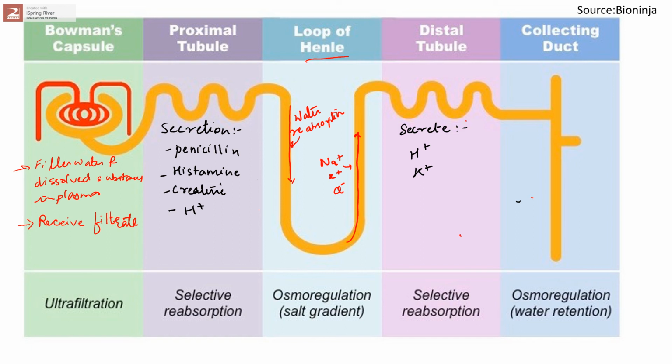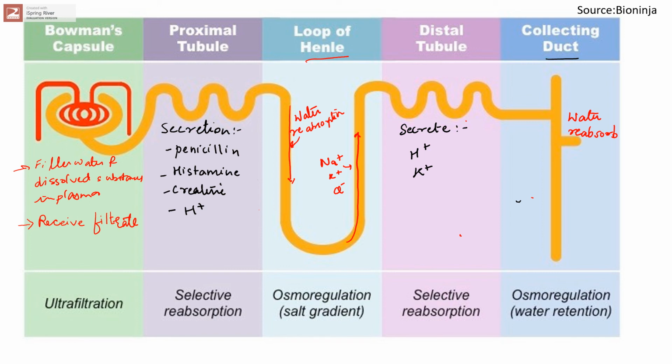The next region is the collecting duct. Now, there are other hormones that affect the process of reabsorption of substances, correct? And the collecting duct's main job otherwise is to perform reabsorption of water. Its main job is to retain water in the body, which eventually affects the blood pressure.